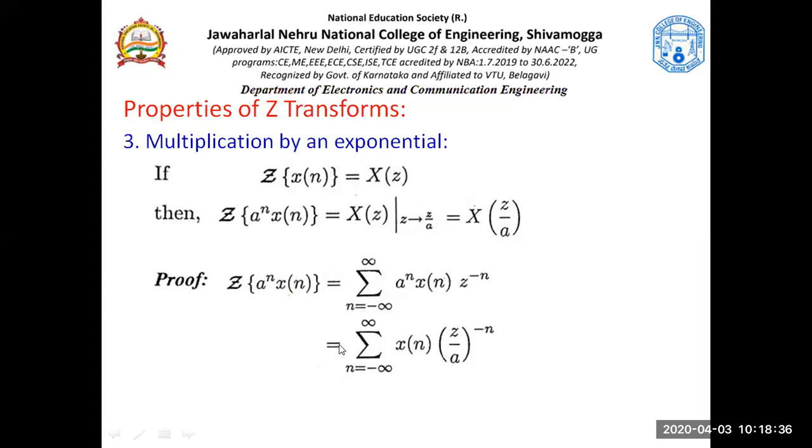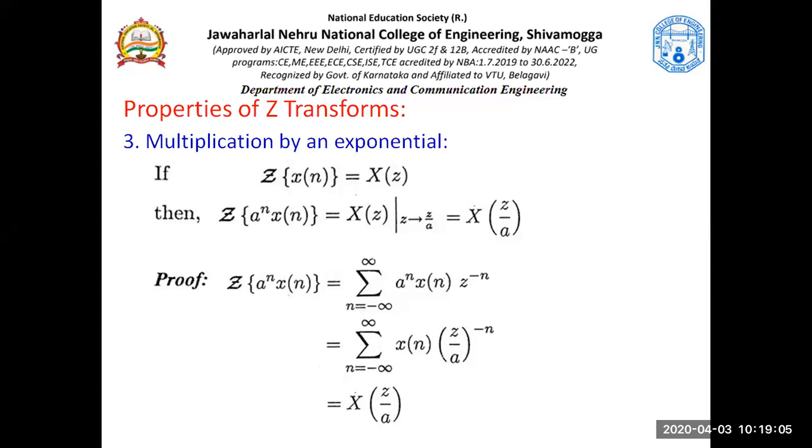In place of z by a, if you have just z, how would you write this equation? What would this equation become? This equation would become x of z. In this place, if you have z, it would become x of z. But in this place, if you have z by a, it would become x of z by a. So that is the proof for this multiplication by an exponential property.